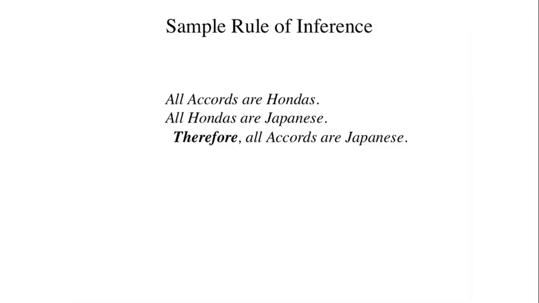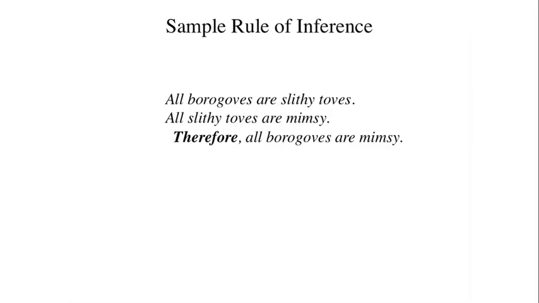As an example, consider the rule of inference shown here. If we know that all Accords are Hondas, and we know that all Hondas are Japanese cars, then we can conclude that all Accords are Japanese cars. Now consider another example. If we know that all Borogovs are Slithy Toves, and we know that all Slithy Toves are Mimsy, then we can conclude that all Borogovs are Mimsy.